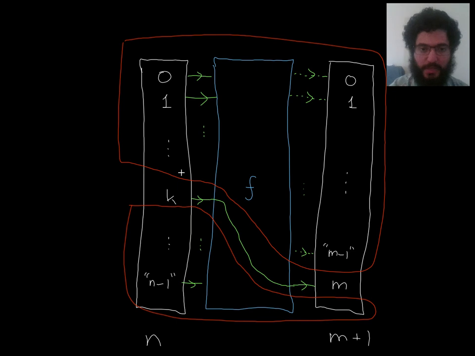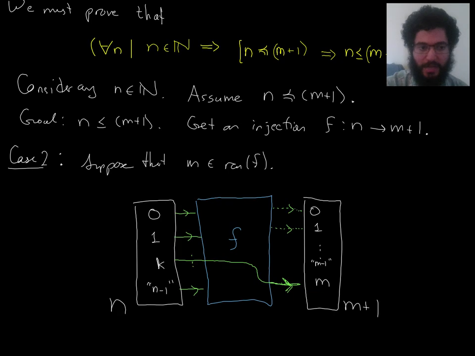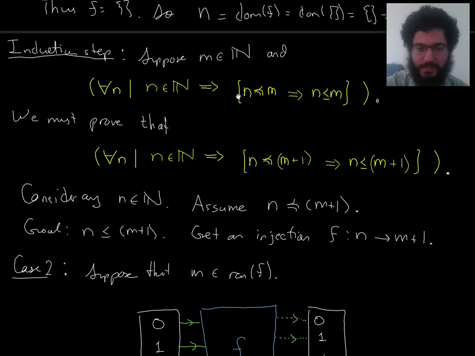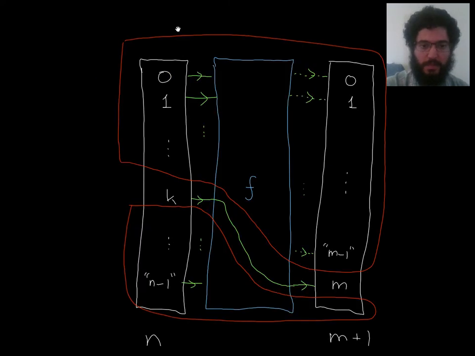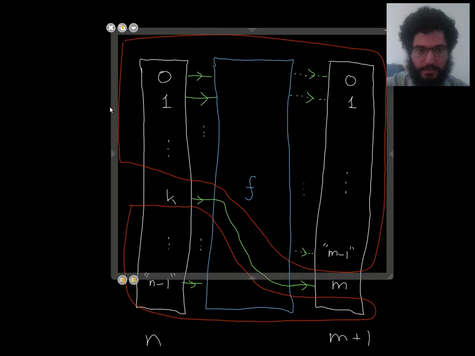Like if the domain consists of 0 up through k minus 1, and then k plus 1 up through n minus 1, skipping k, well, then that's not a natural number. That's just not what natural numbers look like. We'll end up having trouble using the induction hypothesis. This applies to natural numbers being used as the domain of an injection.